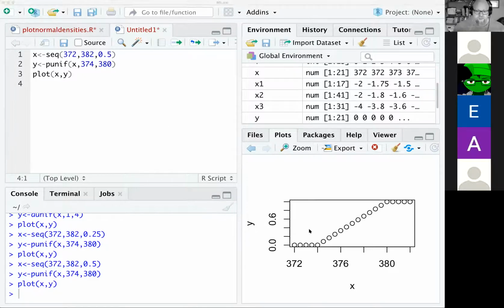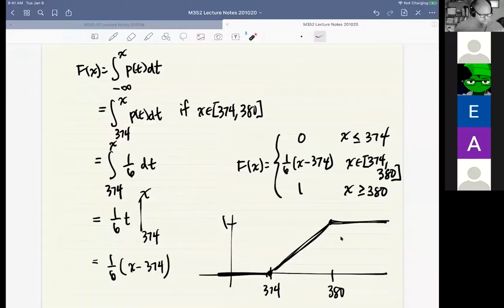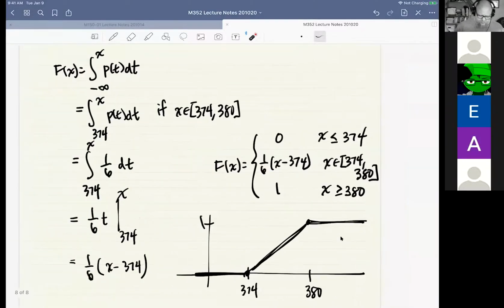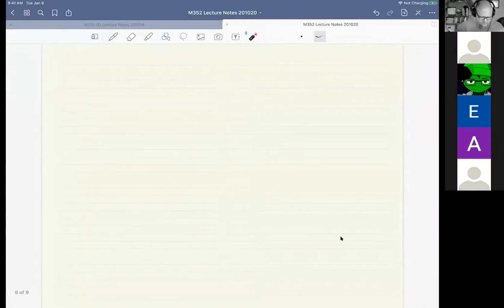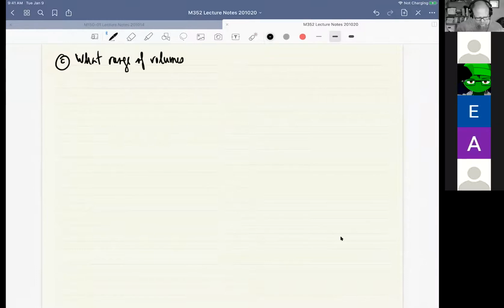Okay, so the last thing I'll say about uniform distribution. Oh, well, no, let me ask one more question about this word problem. What range of volumes of shampoo constitute the lowest 25% of the bottles?